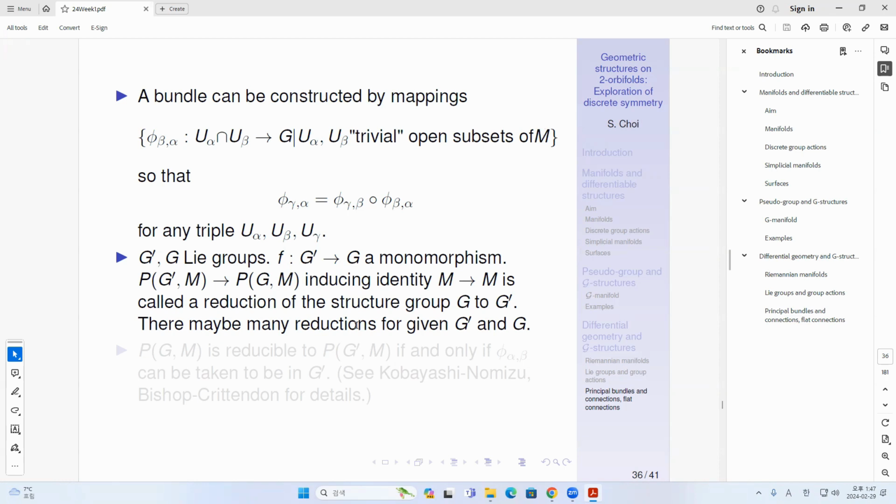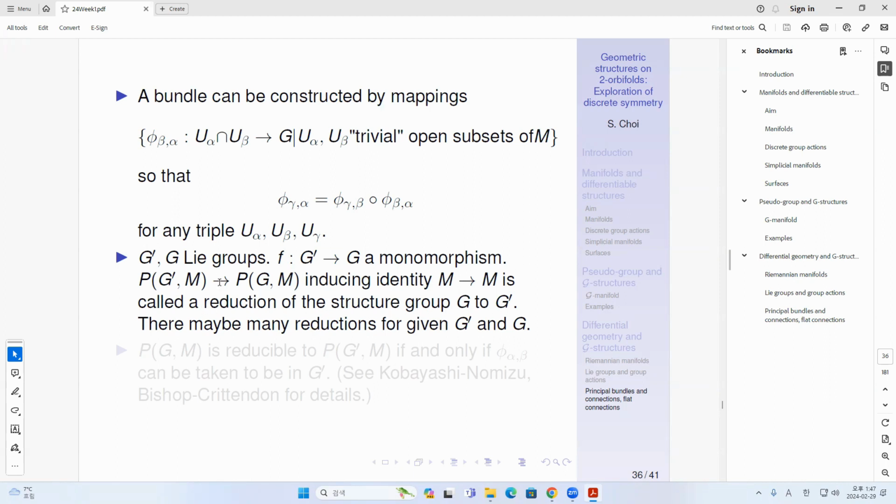So let's say G prime and G are Lie groups, and f from G prime to G is a monomorphism. If you have a principal bundle over G prime, or a principal bundle over G, inducing identity, this is called the reduction of a structural group.